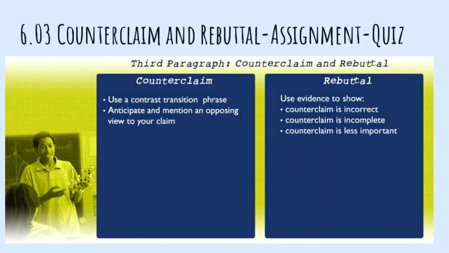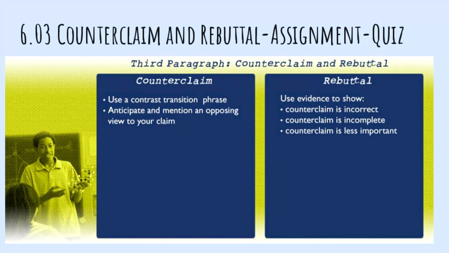So for 6.03, what you're reading about is the third paragraph, which is your counterclaim and rebuttal. You'll have a claim, and that's very similar to your thesis. Your claim is the main idea of your entire essay, and it argues whatever side you're arguing of the subject. But for the third paragraph, you want to have a counterclaim, something that goes the opposite of your claim.